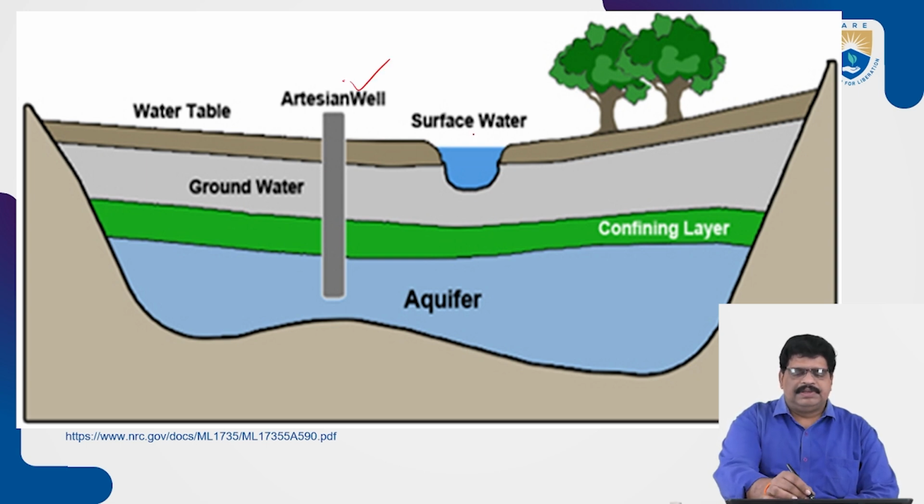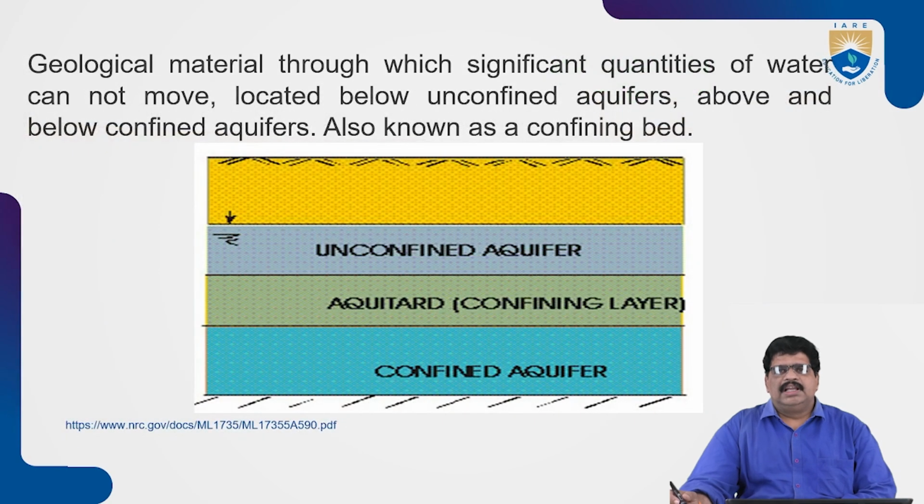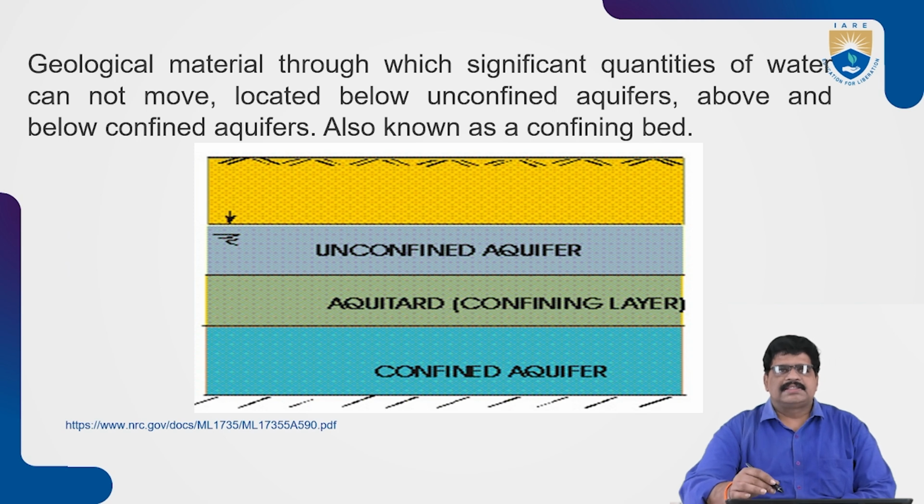Next, surface water can be used like that, and the groundwater in the confined layers of the aquifers. Let us see the geological materials of the confined and unconfined aquifers. Water cannot easily move in the confined aquifers, which lie above or below the wells. Let us see the diagram so we can understand easily.